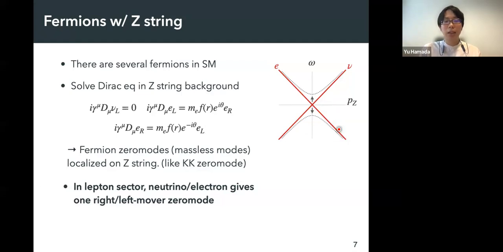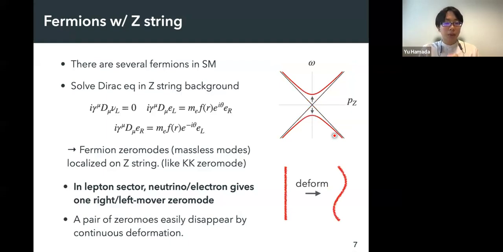So if we consider the 1+1 dimensional Dirac spectrum, it is given by this one, where p_z corresponds to the momentum in the z direction and omega is the energy eigenvalue. We can see that we have two massless modes, a right mover and a left mover, in a two-dimensional system.